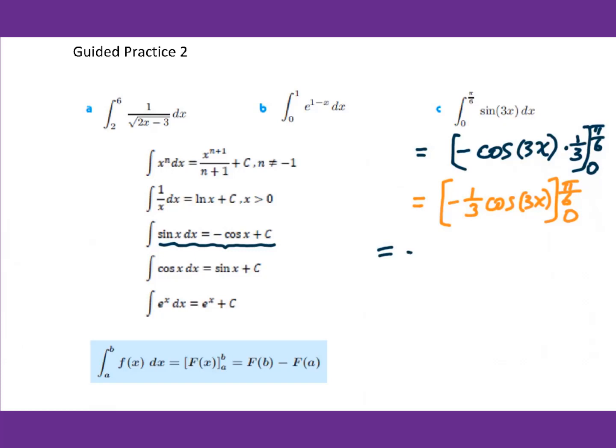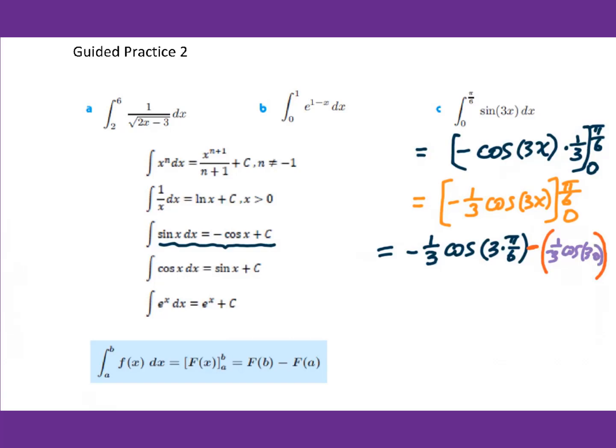Then we plug in negative 1 over 3 cosine 3 times pi over 6. Remember minus, then parentheses. We plug in 0 to negative 1 over 3 cosine 3 times 0.